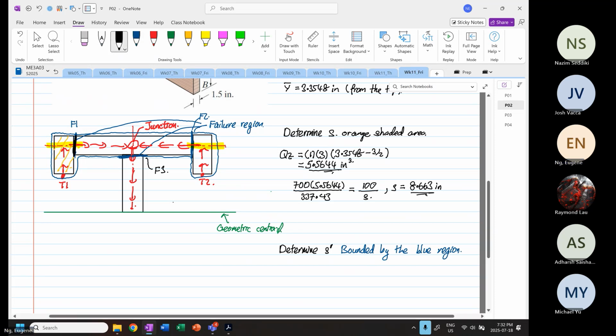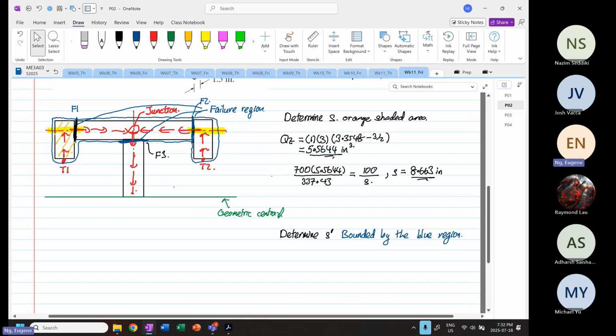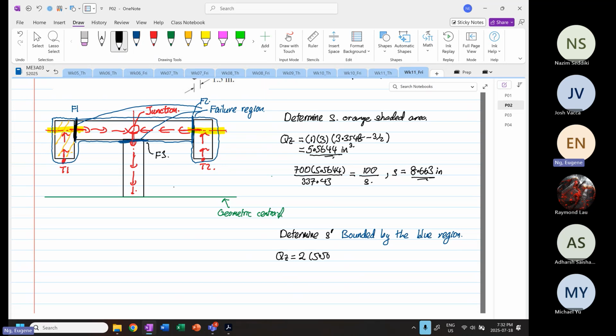From here, we have to consider again our first moment of area, QZ. It will be equal to twice 5.5644. Twice, because one is on this side and the other one is on this side. Remember the small orange region? Now we have two of those. And then we have to add the other geometry.